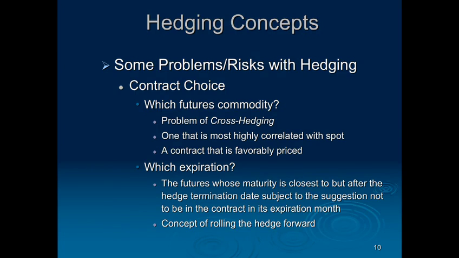However, you noticed that gold futures contracts, that's price series, is very highly correlated with platinum. And so you use gold futures to hedge platinum spot. And this is referred to as a cross hedge. How effective it is will be dependent upon the correlation that the futures price has with the spot.